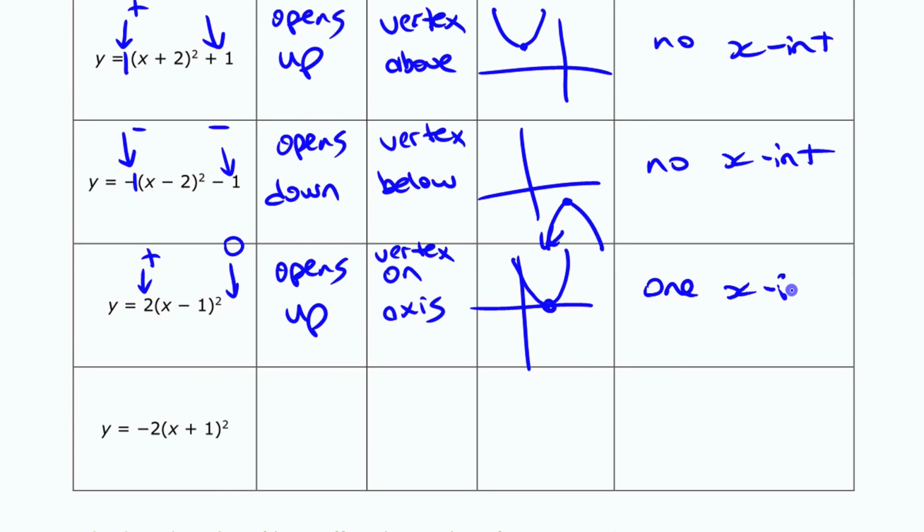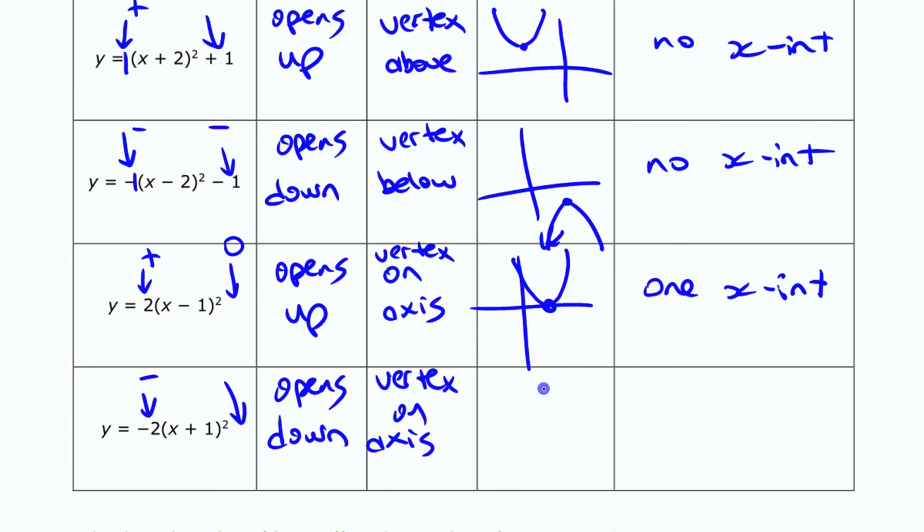Now, you actually wouldn't even need to know which way it opens, because if it's on the axis, it doesn't matter whether it opens up or down. This last one here, the a value is negative, so it opens down. And the k value there as well is 0, so the vertex is on the axis. It hasn't been shifted up or down. So it's opening down from there. That is not a very well drawn parabola, but you get the idea that it also has one x-intercept.